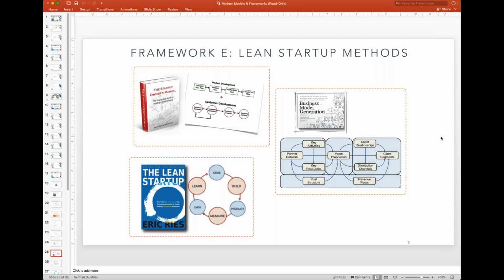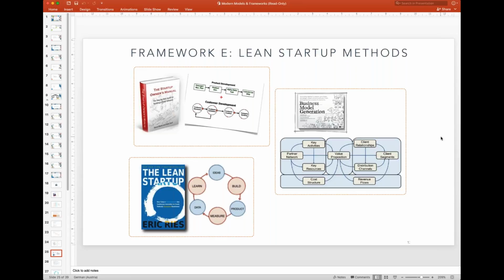The upper left one is The Startup Owner's Manual by Steve Blank, who created what we call today the customer development process. And The Lean Startup by Eric Ries, who was a student of Steve Blank, a student and an entrepreneur who Steve invested in, who brought to the world what we call the Build, Measure, Learn cycle.